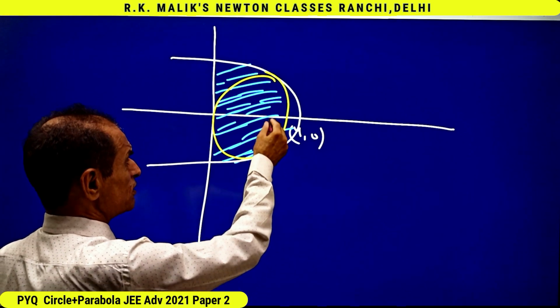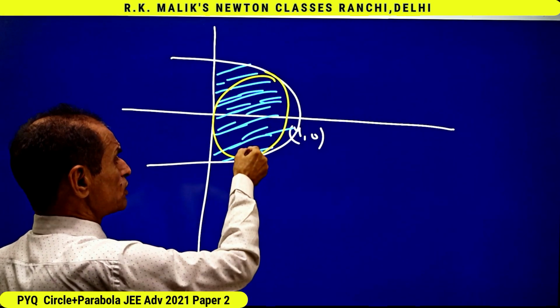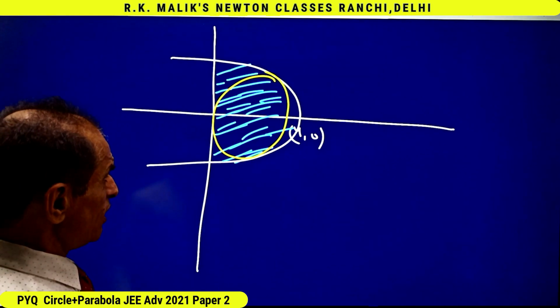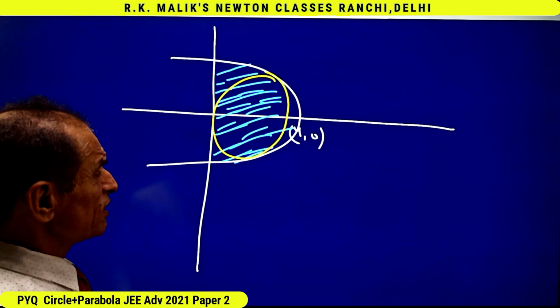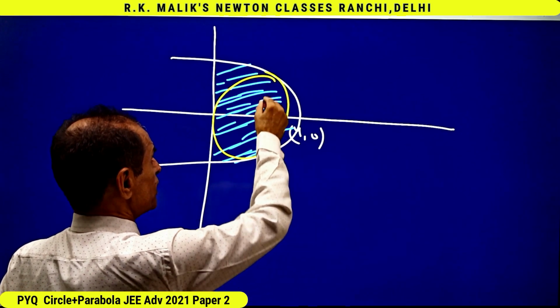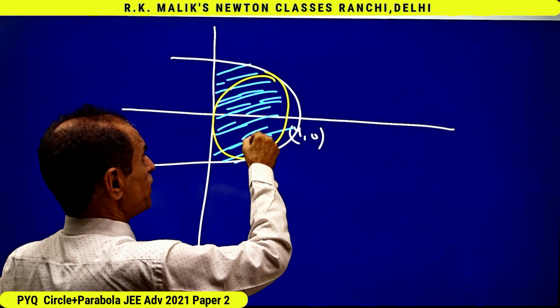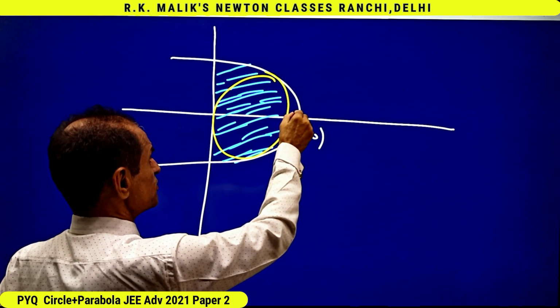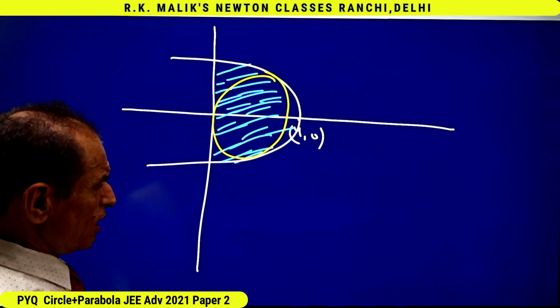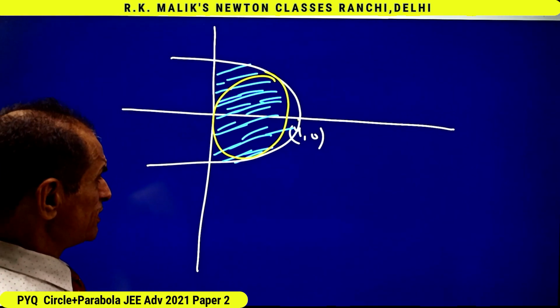That is, it will be touching the parabola at two different points and touching the y-axis also. But you may say, what is the guarantee that the circle is touching the parabola at two different points? Maybe the circle is touching the parabola at just this point. Actually, what is the situation? After calculation we'll get it.